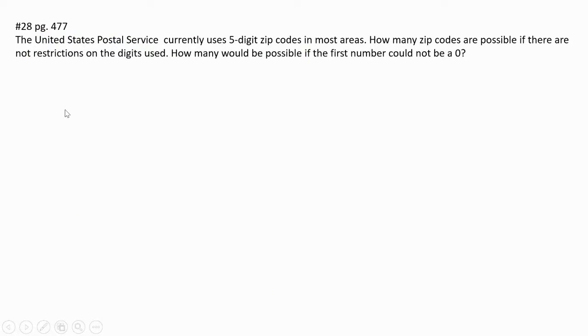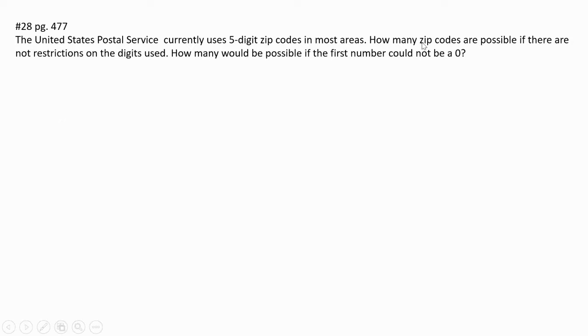Okay, now this is number 28 on page 477. It says here, the United Postal Service currently uses 5-digit zip codes in most areas. How many zip codes are possible if there are no restrictions on the digits used? But no restrictions means the numbers can repeat and everything.